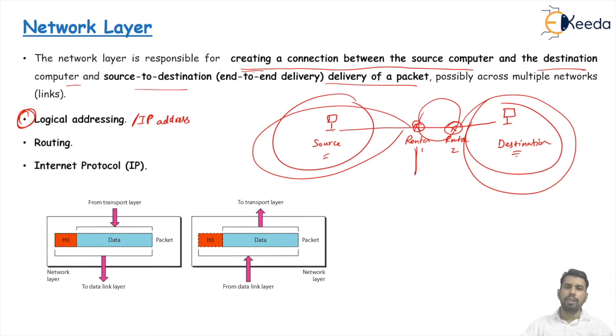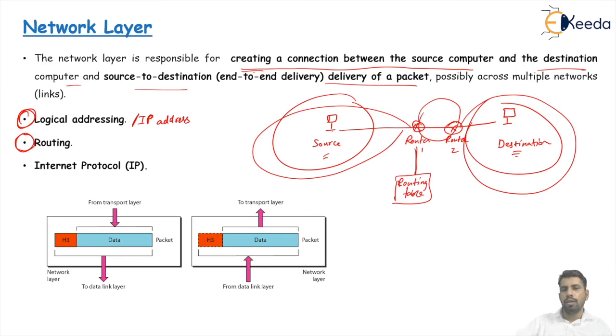For that, it needs to maintain information about which network the particular destination is present in, to which it needs to forward the packet. For that, it needs to maintain routing tables. And on the basis of these routing tables, our router takes the decision to transfer the packet. Okay, so routing is also the responsibility of the network layer.